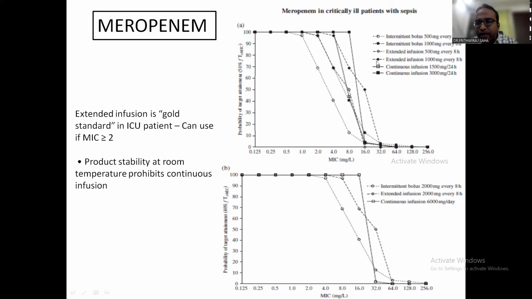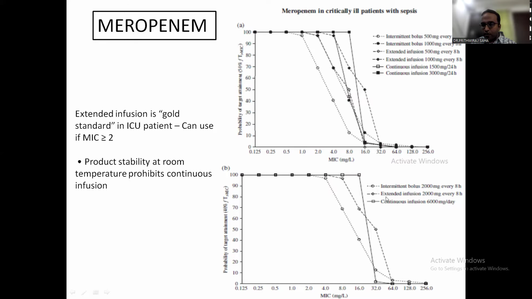Now coming to this shape, where it is extended infusion of 1 gram TDS, right? If you give 1 gram TDS, then you can attain between 4 to 8. If you make a continuous infusion of 3 gram over 24 hours, this square box, you cover around up to MIC 16, right?